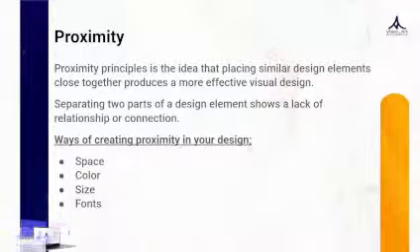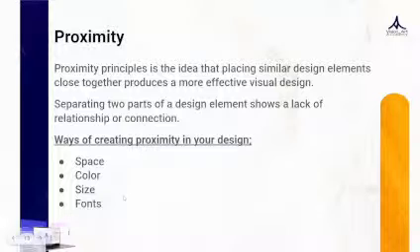Now, ways of creating proximity in your design. The first one is the spacing. The spacing of your design elements needs to be what? Close. And we also have color. Color also indicates proximity. If you know that these things are the same, why give this one another color and give this another color? It's not making sense, and it is lacking some relationship. And we have the size. Since they are the same, give them the same size.